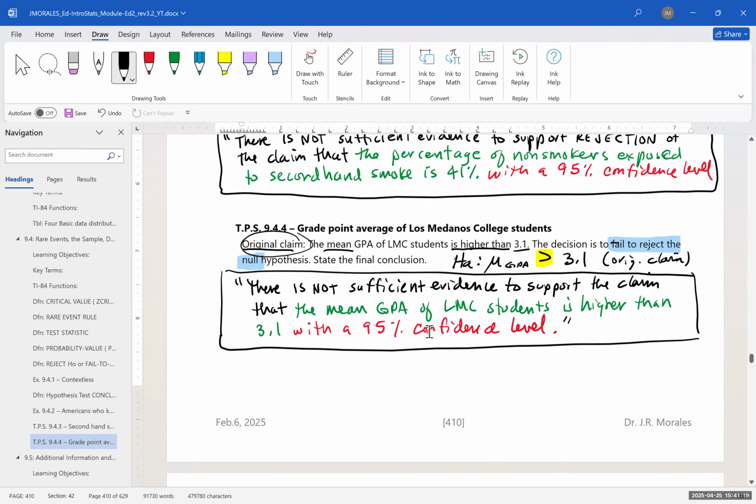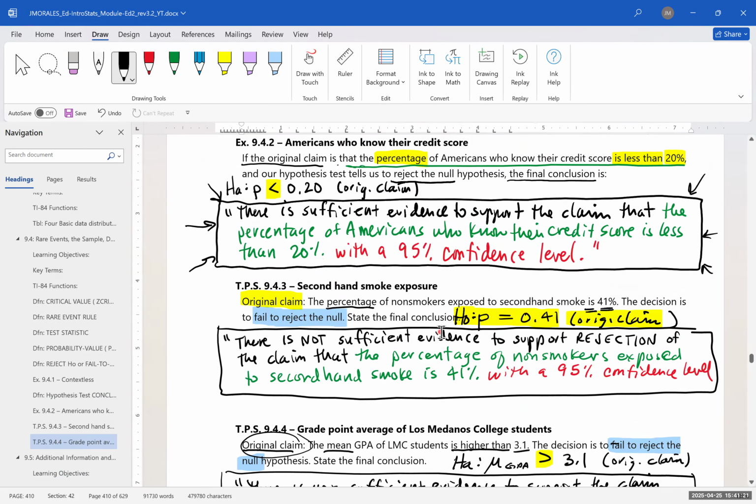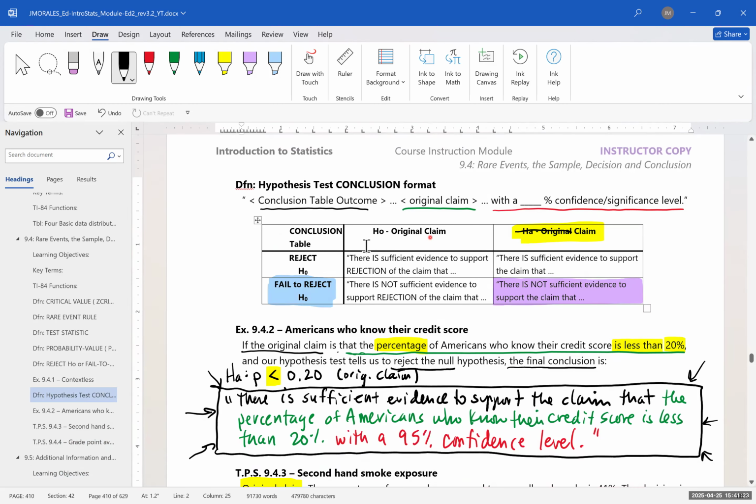So the reason why I provide this conclusion table is over time, if this becomes your specialty, you'll kind of have this memorized. But the differences are subtle but important, right? You'll notice that when you reject the null here, it always starts with there is sufficient evidence. But if you look at the fail to reject, it says there is not sufficient evidence.